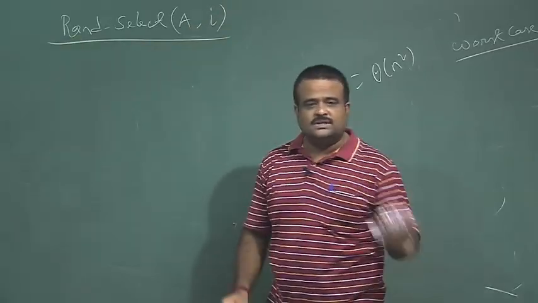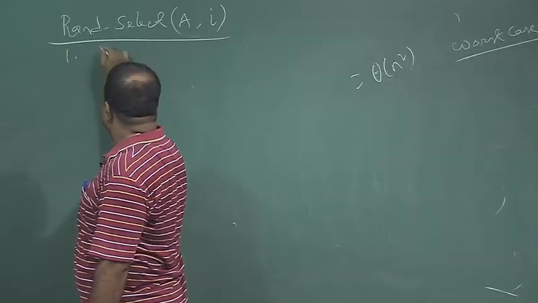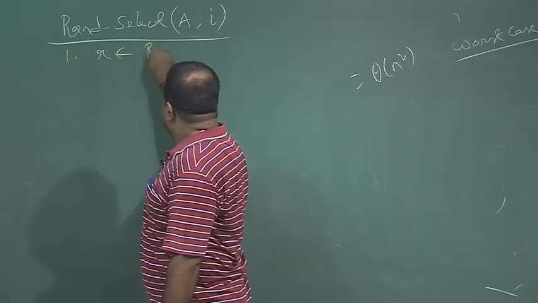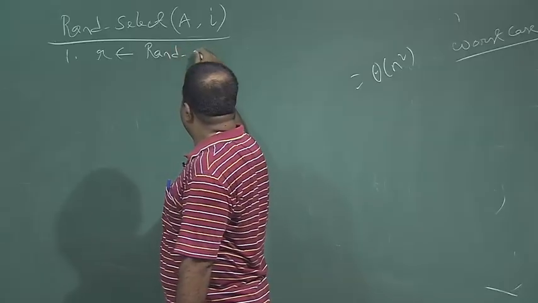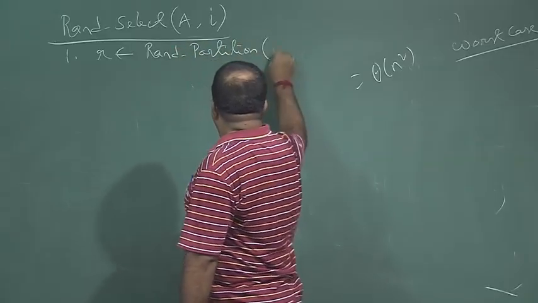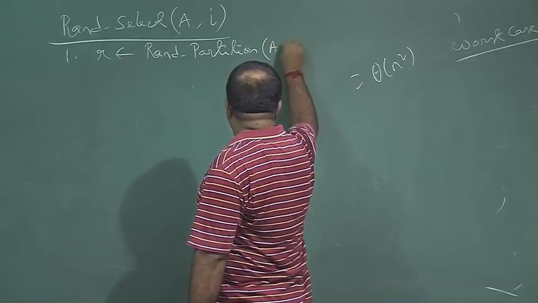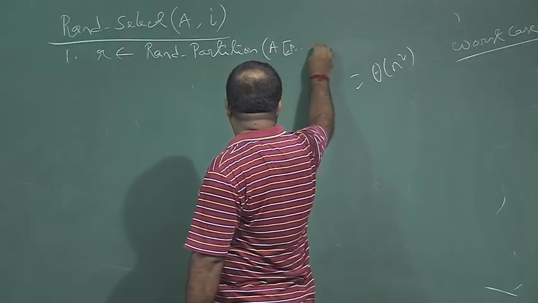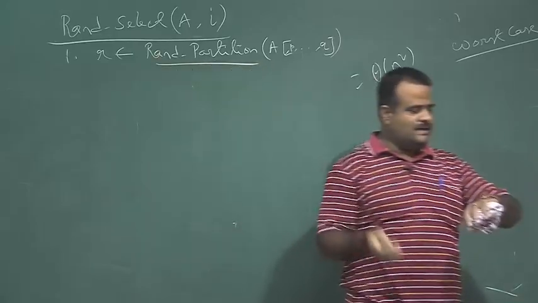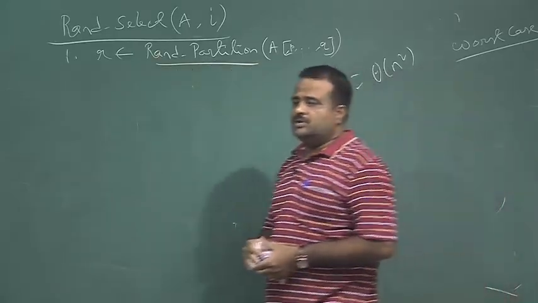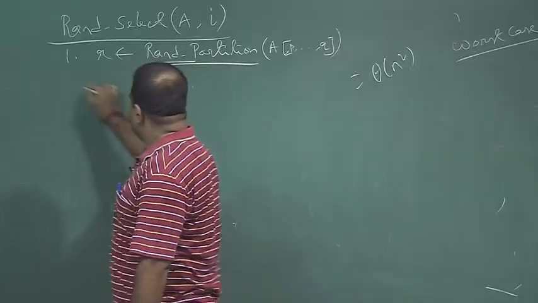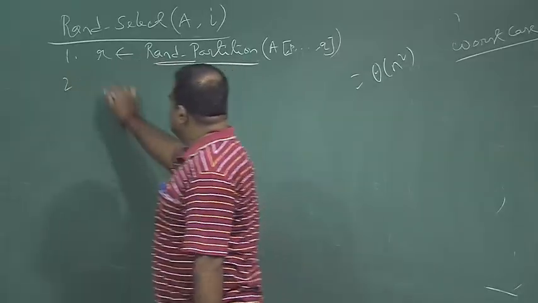So, just our partition is a randomized partition, because we are choosing any element as a pivot. So, randomized partition of a, p, q means we are choosing any element as a pivot with probability 1 by n. That is the randomized version of this, and then we will do the same thing.